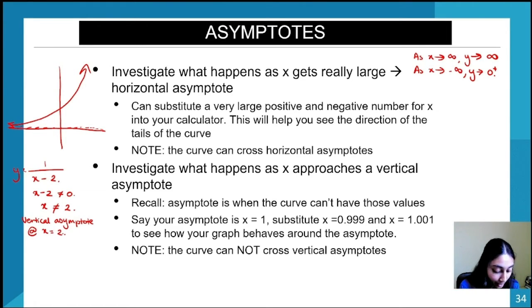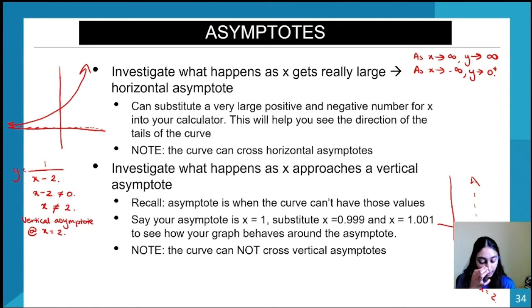Okay. Cool. So we can actually take a look at what's happening to the curve as we approach this asymptote. So let's take a look. I've got to draw it a bit more like this. I have my curve, and then I have my asymptote at x is equal to 2.